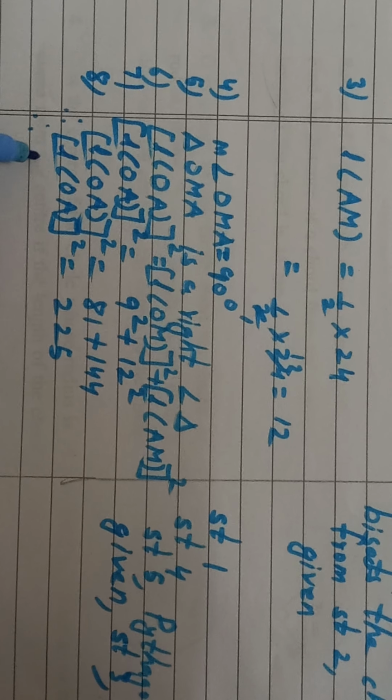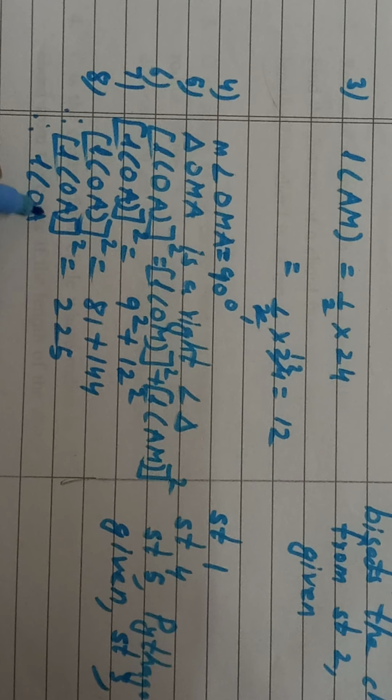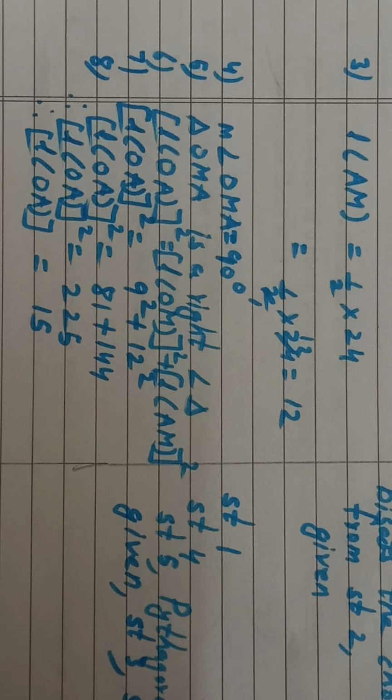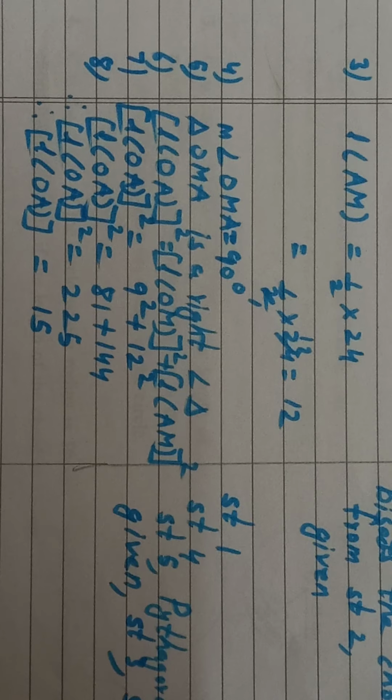Therefore OA square, taking square root on both the sides, length of OA will be 15. Length cannot be negative, so we are not writing plus or minus, we are just writing 15. If you want, we can write here taking square root on both the sides. Otherwise it is not needed.